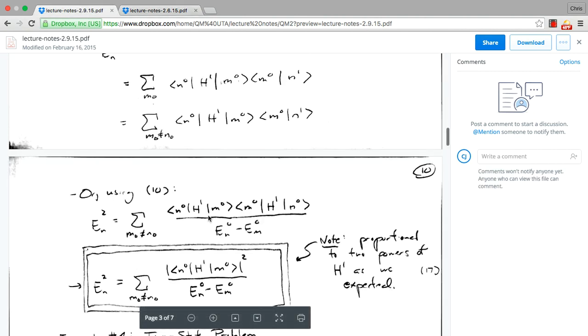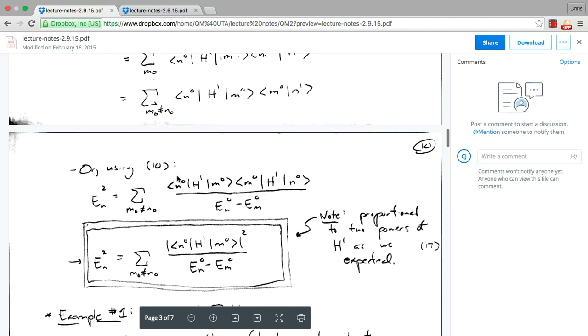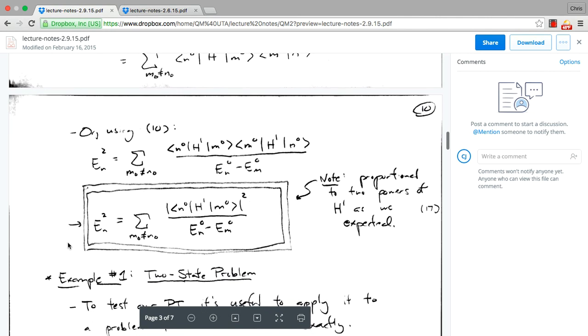And if you look, you see that we've got this thing that we originally had times this guy, and these guys are just the Hermitian conjugate of each other, because we know that H1 has to be Hermitian for the Hamiltonian to correspond to an observable. So in the end, we can write the second order energy eigenvalue as the sum over m naught, where m naught can't be n naught, of this stuff right here: the matrix element squared between n naught and m naught divided by this energy term.